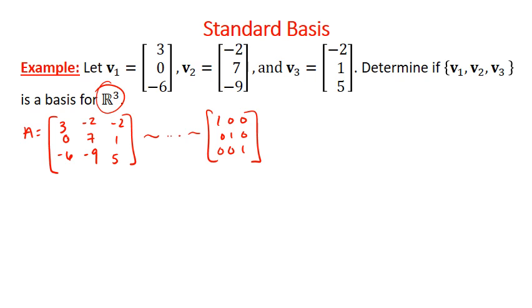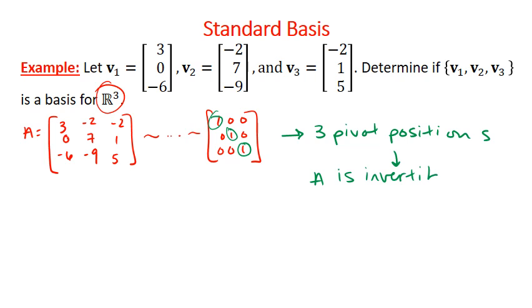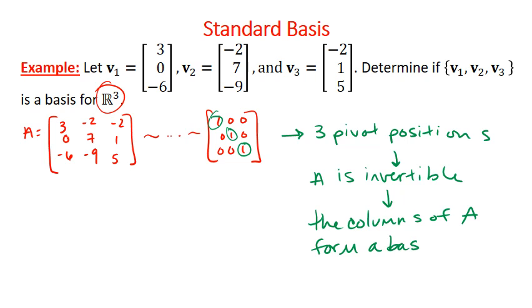And we can clearly see that we have 3 pivot positions. Since we have 3 pivot positions, this tells us that A is invertible. And since A is invertible, the columns of matrix A form a basis for R3. And we are done.